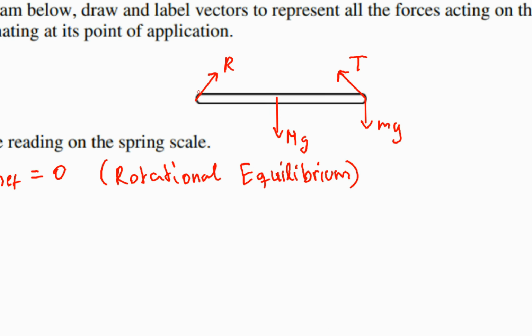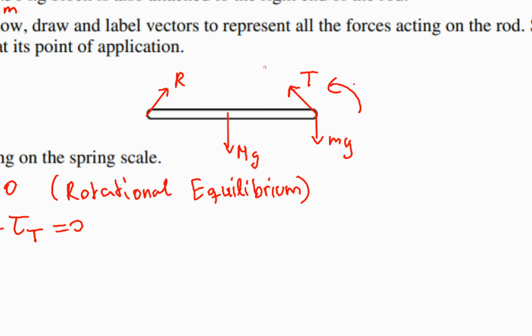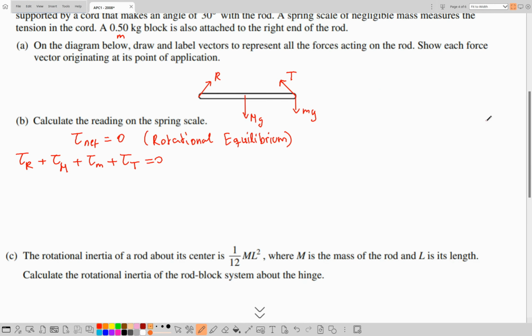We're going to apply it simply at this point, in order to eliminate the torque produced by the reaction. Then here we have the torque produced by the reaction, the torque produced by the pull of gravity Mg, let me say capital M, plus the torque produced by the small m, plus the torque produced by the tension, equals 0. And let me consider the anti-clockwise direction to be positive.